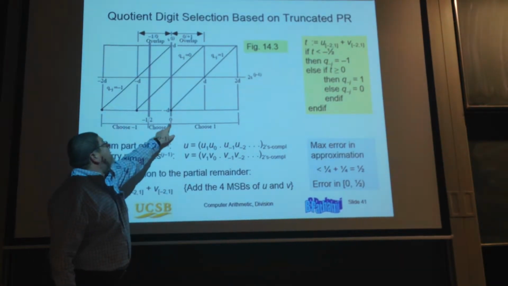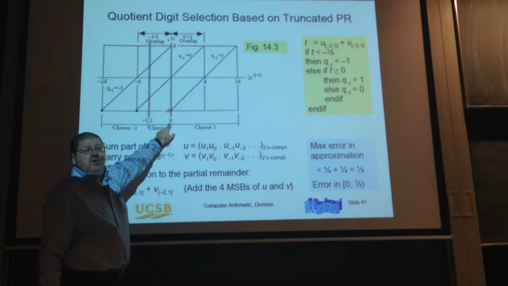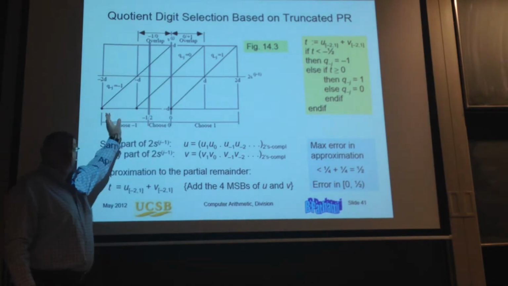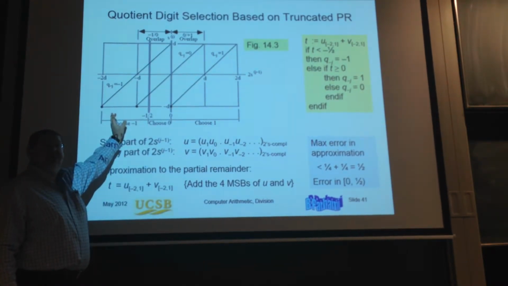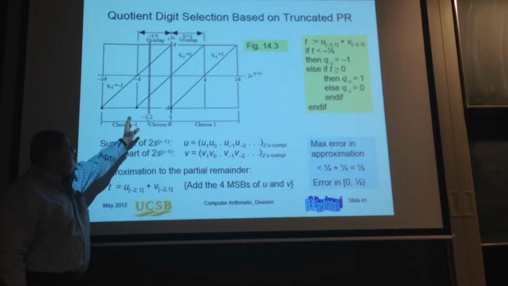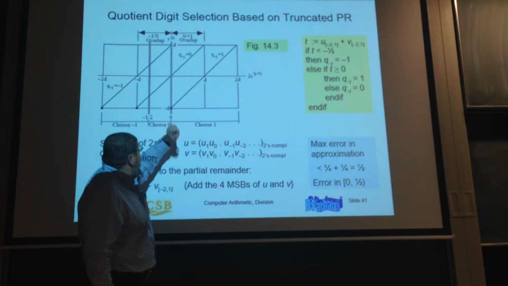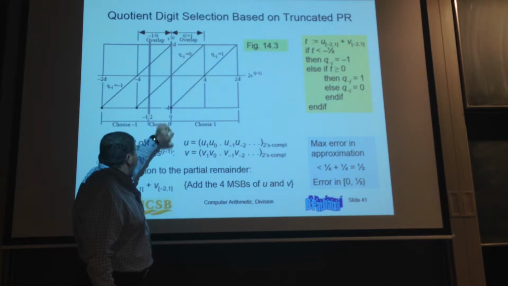Then I will never have a higher value than 0. And when I don't have a higher value than 0, I can always choose a minus 1 and do an addition. The same story when I am in higher than, when I'm making a choice for 0.